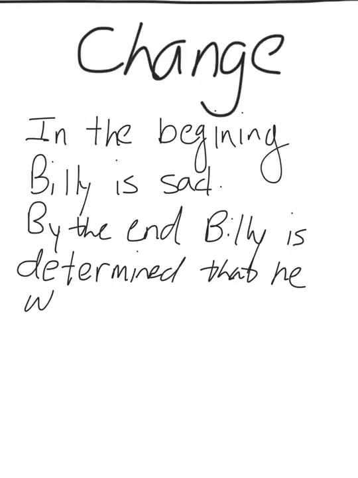So he learns how to become patient. So he's no longer sad. He will end up becoming patient that he is going to do it someday when he knows enough how to do it. So by the end, Billy is determined that he will be getting to the moon.